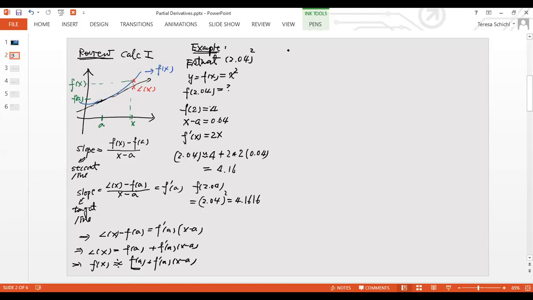And then the next thing we want to talk about is the differential and the true difference. Okay, so let's take a look here. We still want to see the differences between delta y and dy. So we are going to apply this in calculus 1.